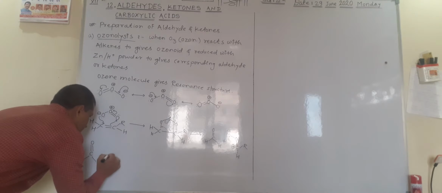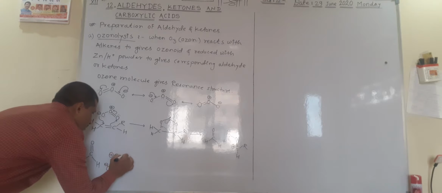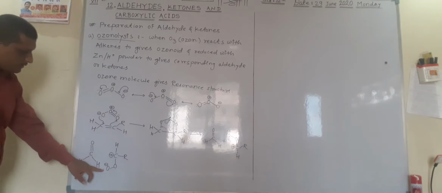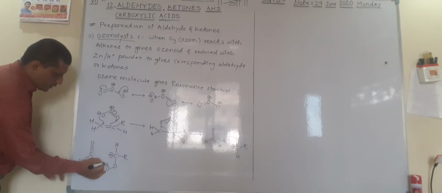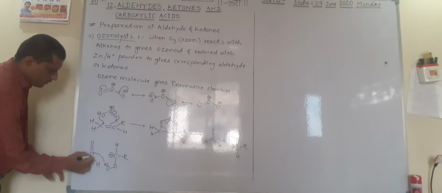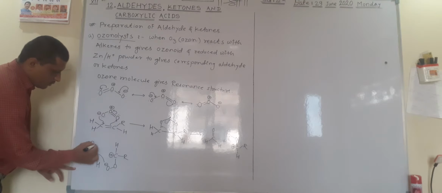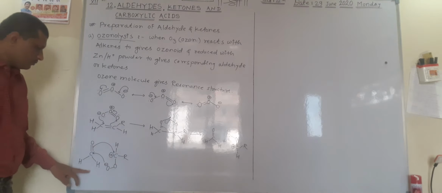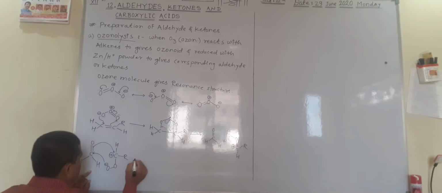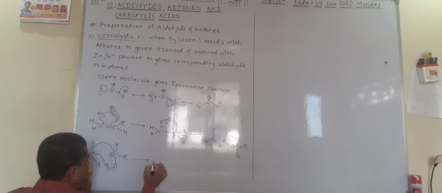After this structure we can write it in this way: carbon, oxygen, this negative oxygen, R group, and this hydrogen. Here the negative oxygen can be shifted to this carbonyl carbon, and this double bond can shift to here. We get this structure.